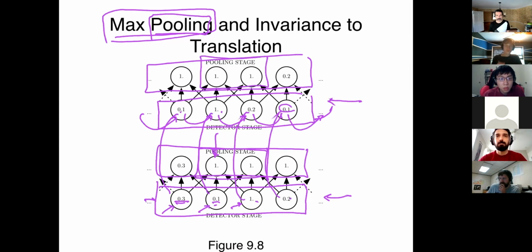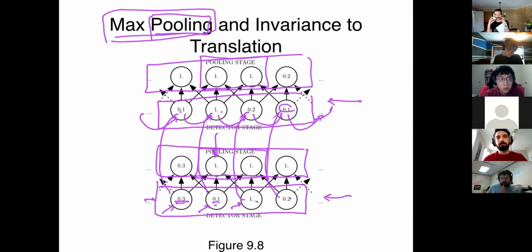And that's the property you want to have. Once you change your input, you want to get some invariance to this change, and in this case it is a translation, right? When you shift your input to the left or right, you get a similar thing, or at least not all your output changes.